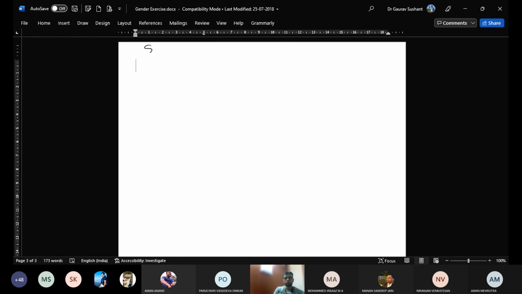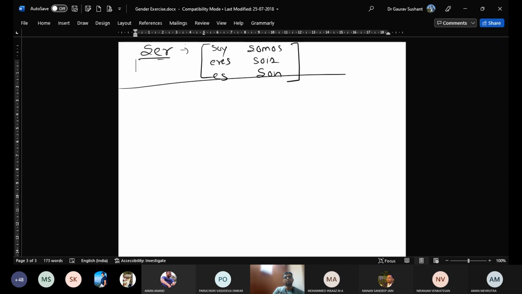The previous verb which we learned was the verb ser, and we saw how the verb ser had 6 different forms with different subjects, starting with soy, then eres, es, then somos, sois, and son. So 6 different forms of the verb ser were there with different subjects like first person, second person, and third person. Similarly, on the same pattern, we are going to learn this new verb, which is tener.